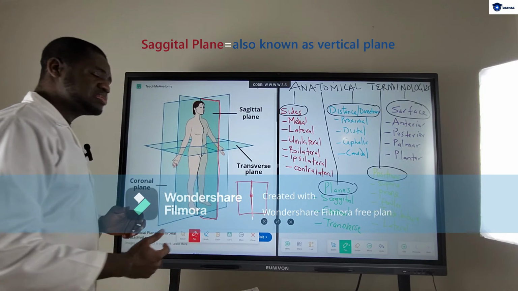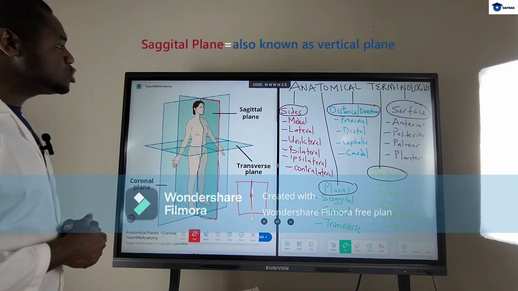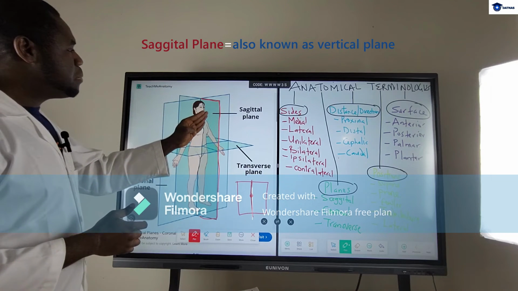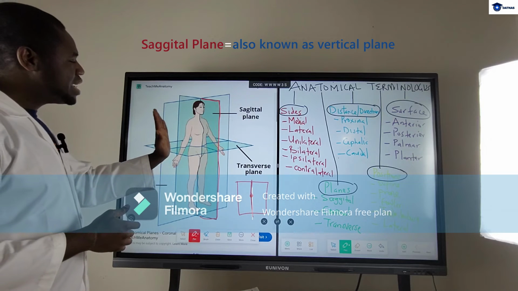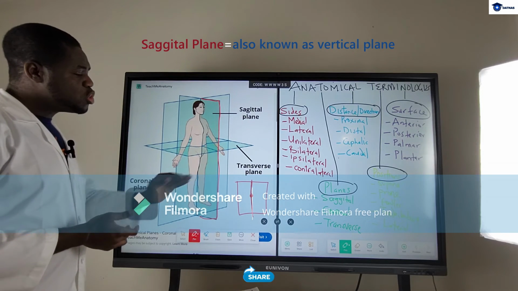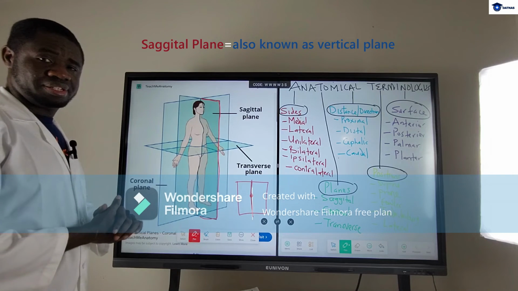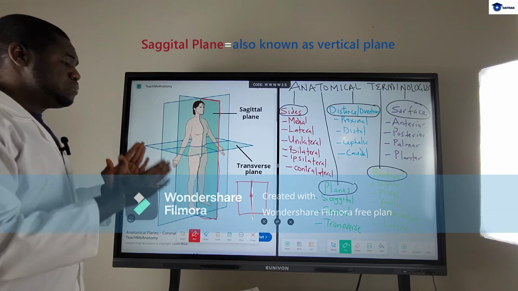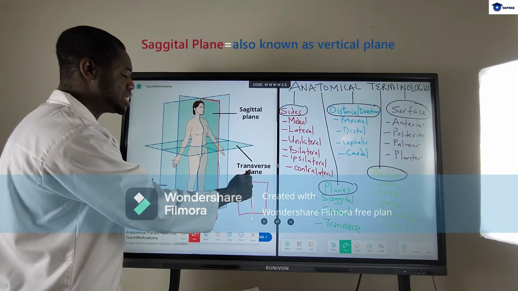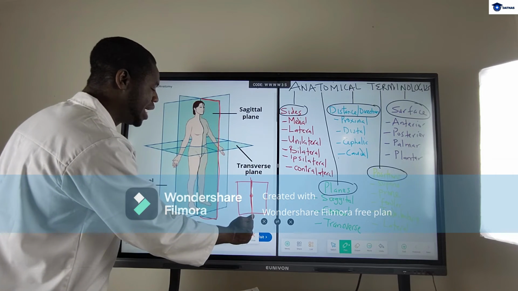You can also call it midline. So the sagittal plane divides the body into right and left sides. We can also call it a midline that divides the body into the right and left side. So this is the sagittal plane.